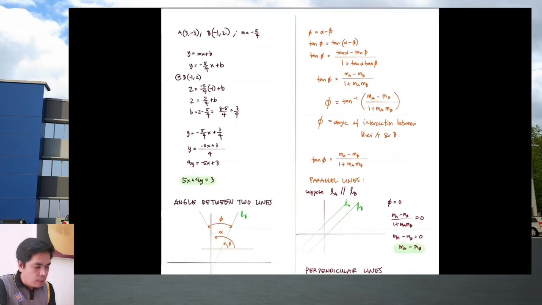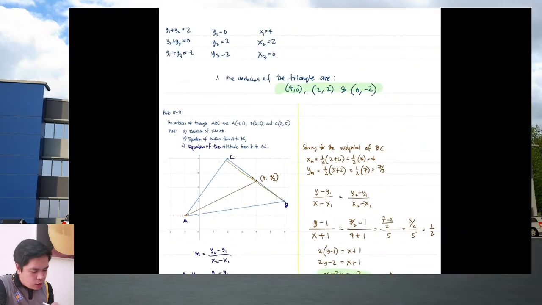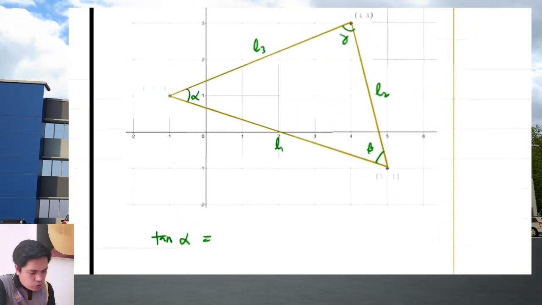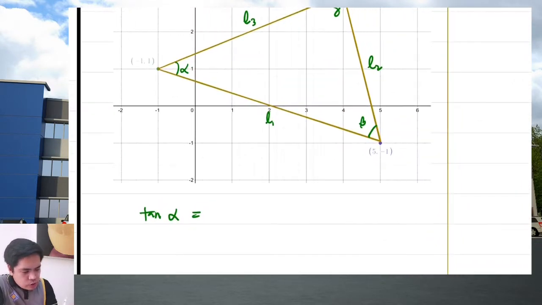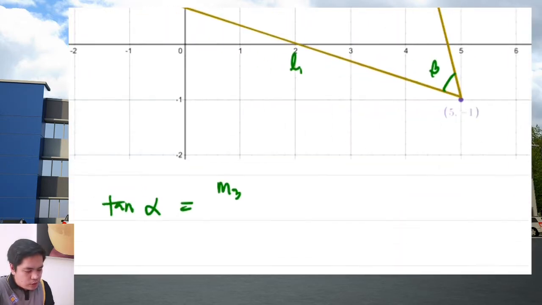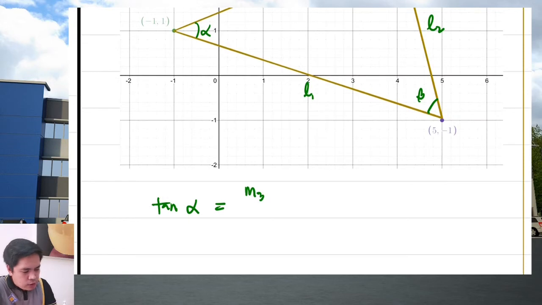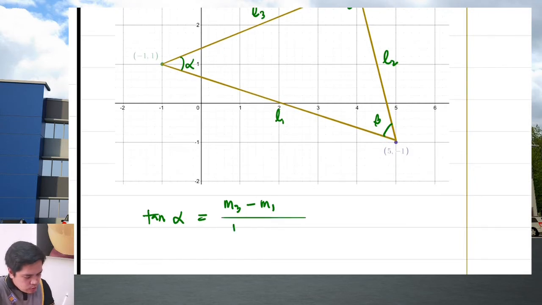So we need to compute the slopes of line 1 and line 3. To solve for tangent alpha, we start with the slope of line 3, since it's on top. This is how we measure, from here to here. So tangent alpha equals the slope of line 3 minus the slope of line 1, all over 1 plus M3 M1.